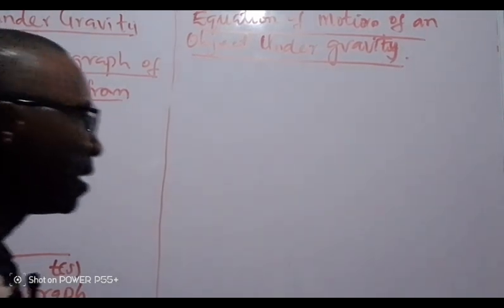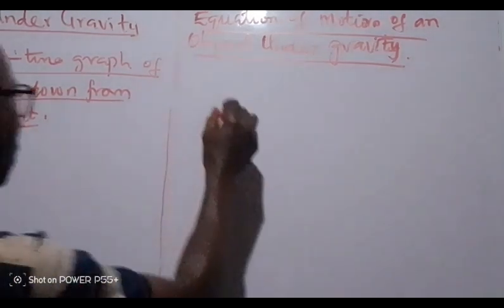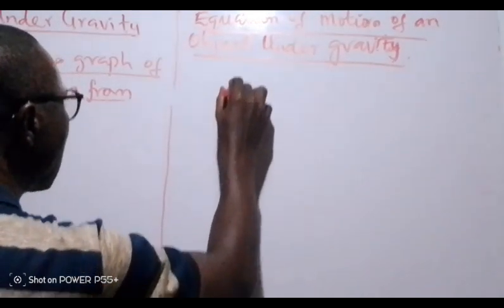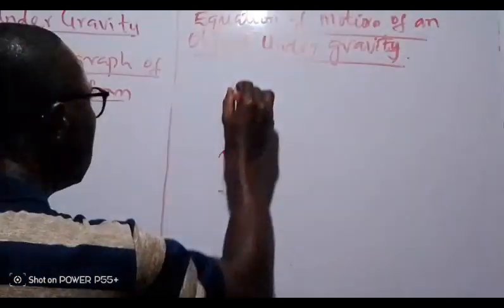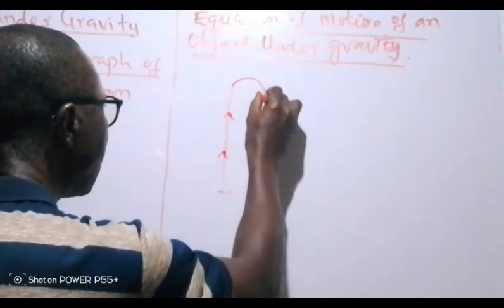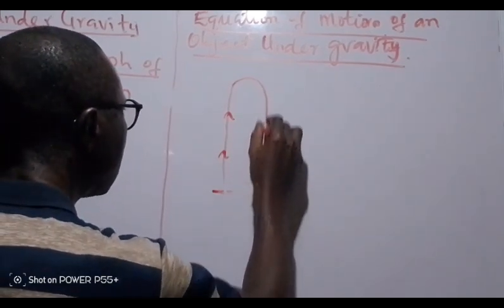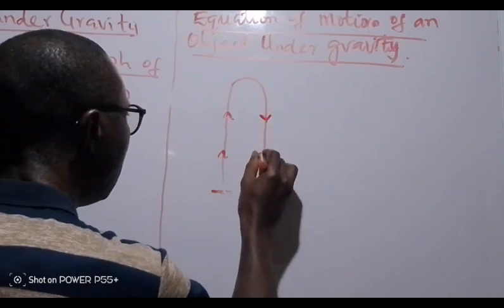So now, equation of motion of an object under gravity. According to the explanation that I have made, an object that is thrown up vertically, moving up like this, and an object that is coming down from a certain height like this, this is how the curve, not the velocity time graph this time around, will look like.